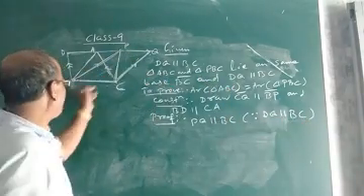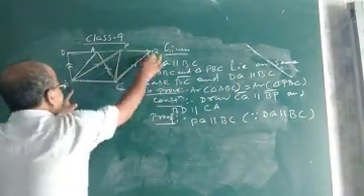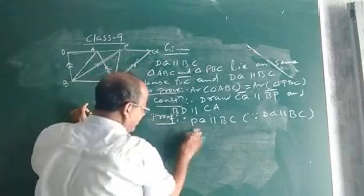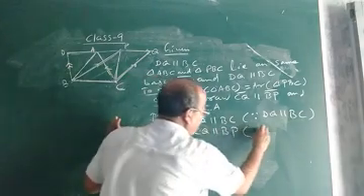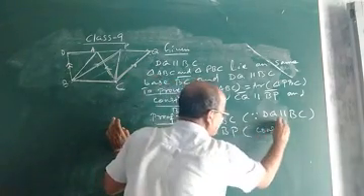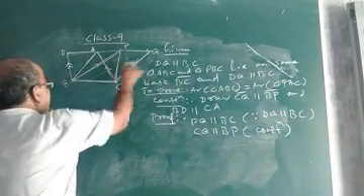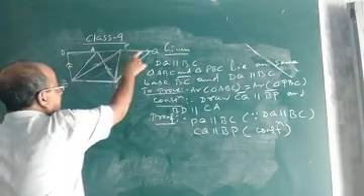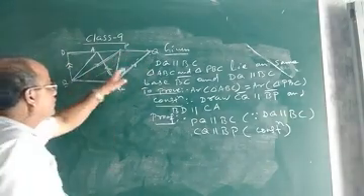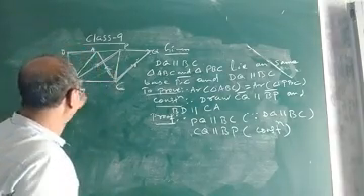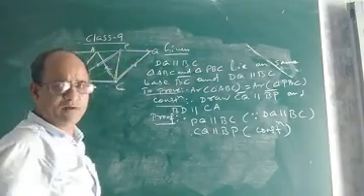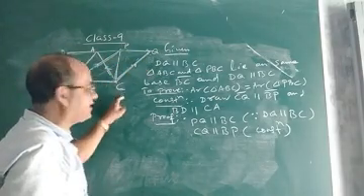Okay, now PQ parallel to BC and CQ parallel to BP. Why is CQ parallel to BP? By construction. So by construction CQ and BP are parallel and we are given PQ parallel to BC. So if both pairs of opposite sides are parallel, then the quadrilateral BPQC is what?